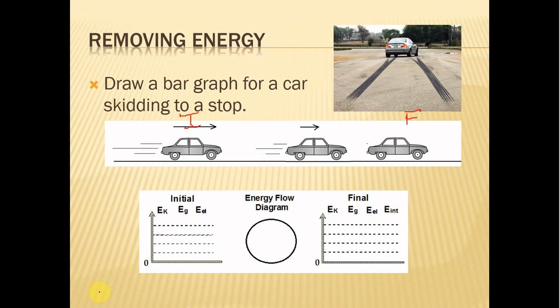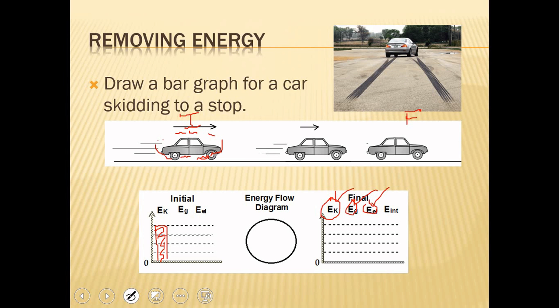The first time, I'm going to define my system as just my car. Initially I'll have 4 bars of kinetic, again just an arbitrary number. At the end, we know there is no kinetic, no gravitational, no elastic.